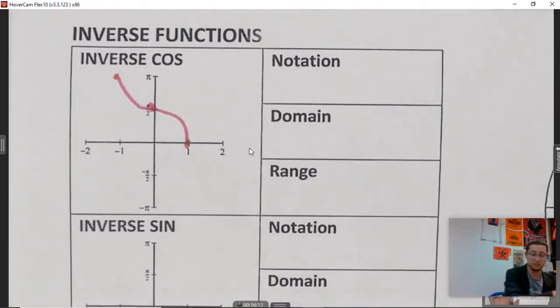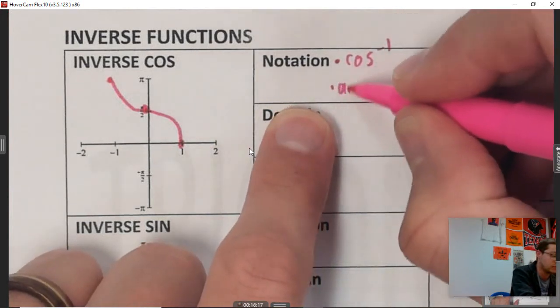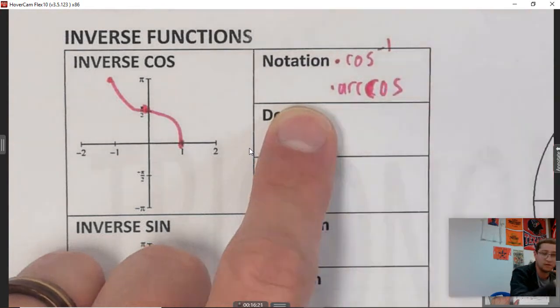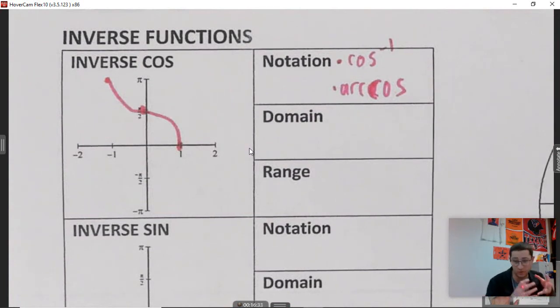The notation. Remember, you have two options, what we've talked about before: cosine inverse or arc cosine, either one. The domain. If you remember, sine and cosine just continued on forever, but here we restrict that domain.